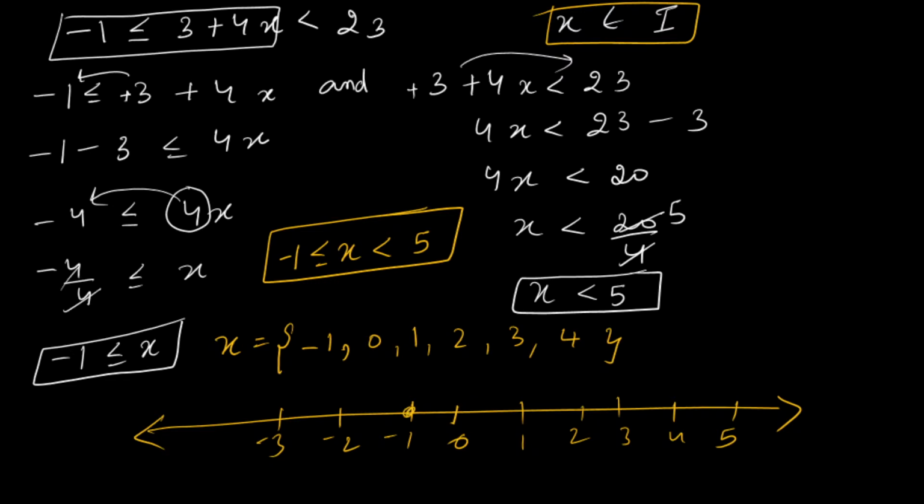We can just draw dark dots on those numbers which are there in the solution set. So on -1, 0, 1, 2, 3, 4 we can just draw dark dots. Okay, so the first part is done.